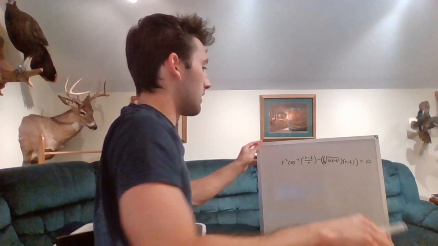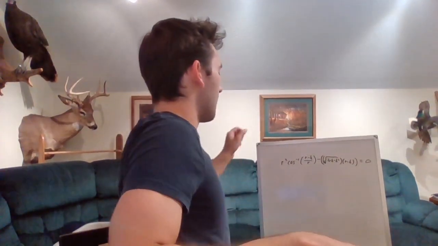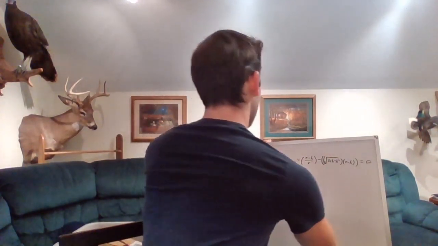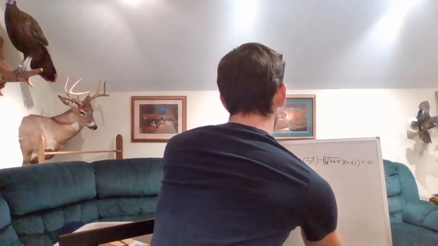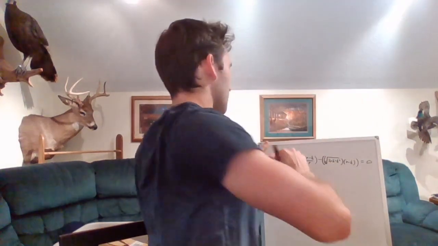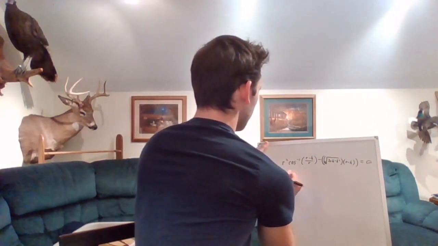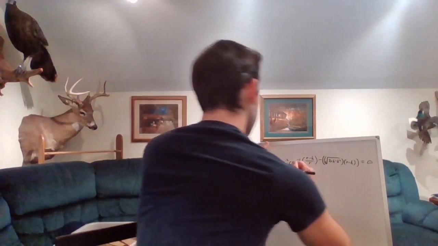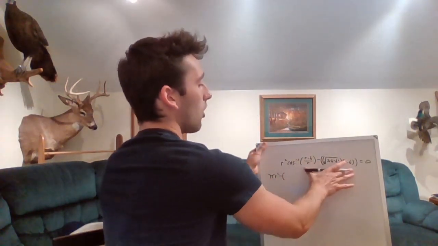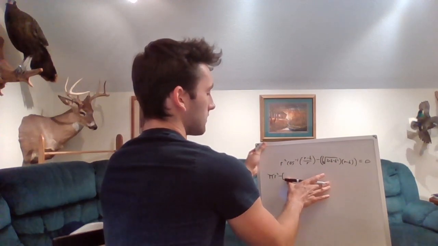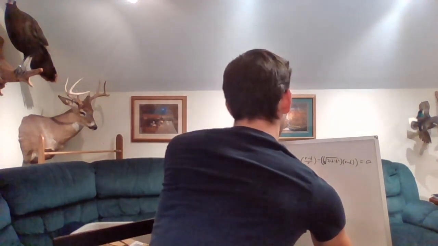So we can go ahead and do pi r squared. All right, now this is going to be a lot of parentheses and writing. Essentially, I'm putting all of this in this minus parentheses.